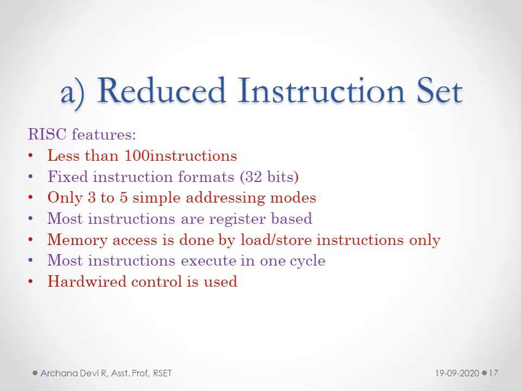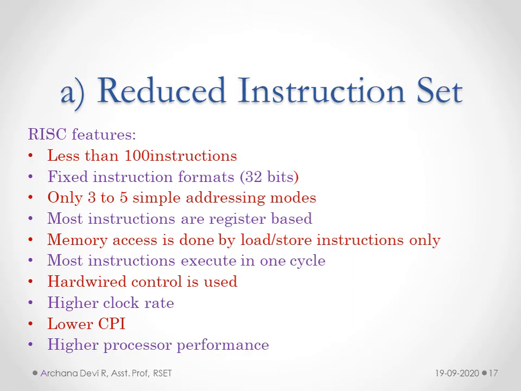Here hardwired control is used. In CISC architecture, one point which was missed out: microprogrammed control is used, which we will see in the diagram that comes. Then, as mentioned, reduced instruction set architecture has a higher clock rate and lower CPI, around 1 to 2.